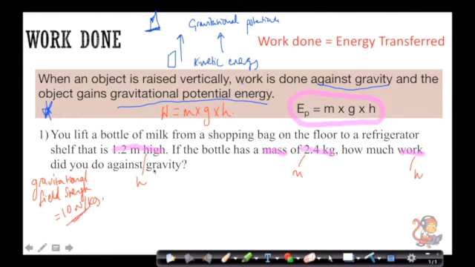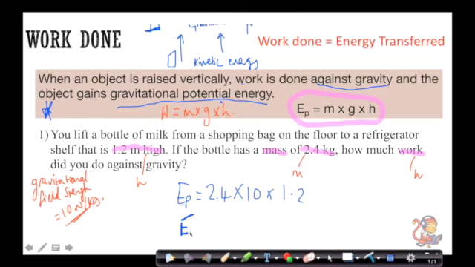Okay, so with all this bit of information, the one thing that we can calculate is gravitational potential energy. So gravitational potential energy equals 2.4, which is the mass, times the gravitational field strength, which is 10, times the height, which is 1.2. So if you put that into your calculator, you will end up with gravitational potential energy of 28.8 joules.